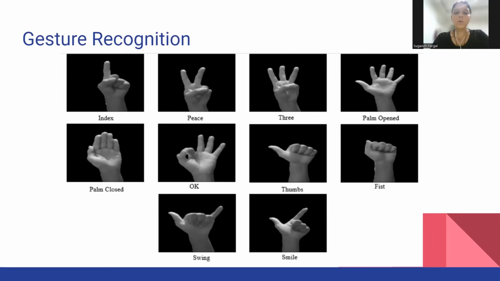Whenever a palm is closed, that means to catch something. When there is a finger round with the thumb and the three fingers up, it symbolizes okay. The thumbs up symbolizes the thumbs up sign. A fist closed makes the action of punching somebody. Another action gesture is the swing, and this tick sign is a kind of sign of a smile.